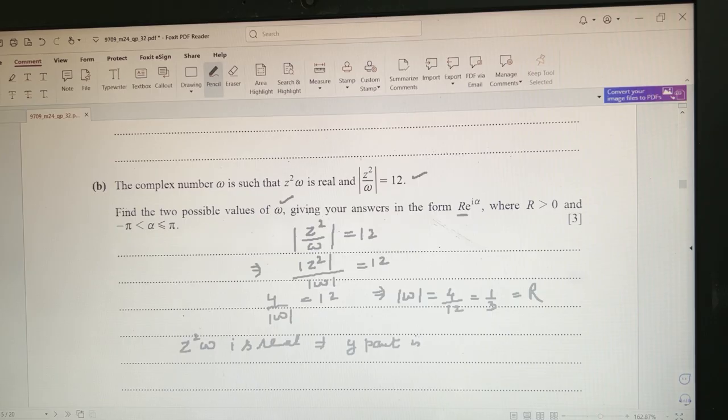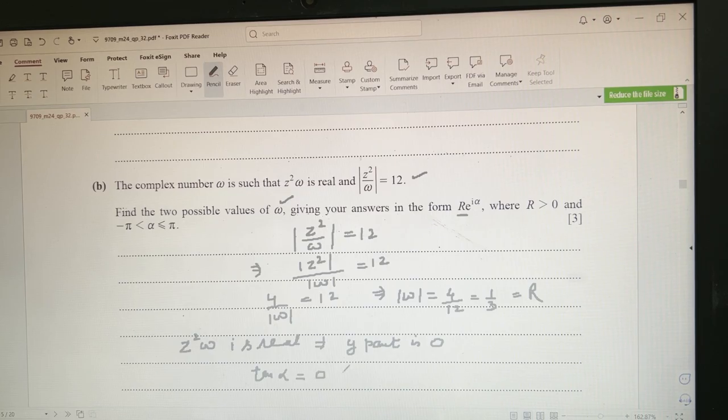The imaginary part will be 0, so only the real part is there. So when we find tan alpha, because alpha is the argument, tan alpha will come as 0 because tan alpha is y over x. When the y part is missing, that will be 0. So tan alpha is 0.